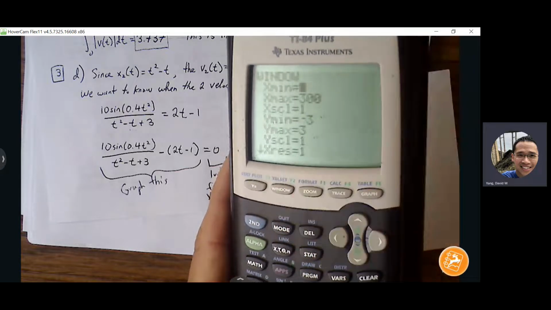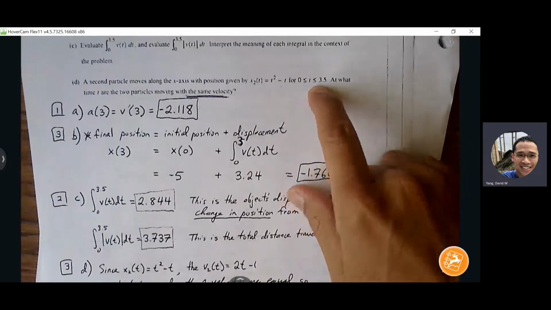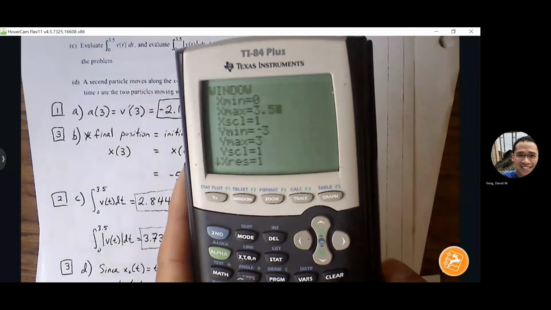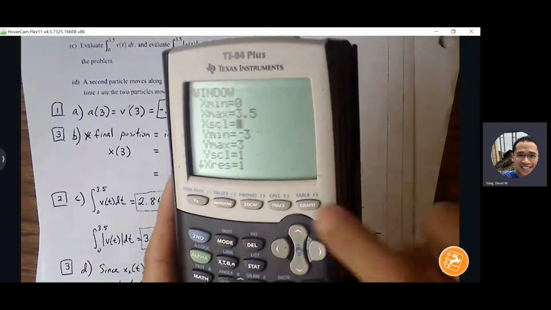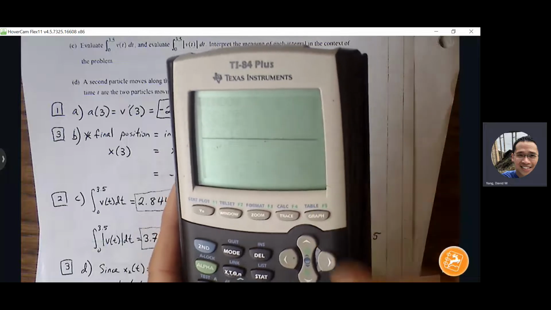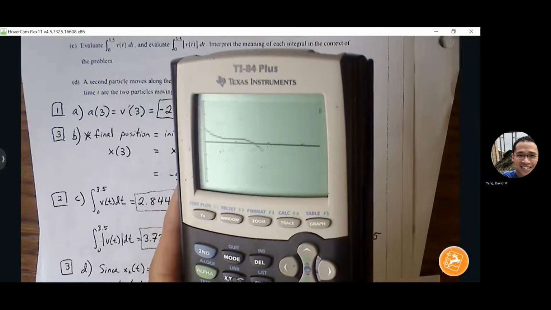Go to your window to adjust your window. You know that you're looking for a value between 0 and 3.5. So you can just adjust your x value to be between 0 and 3.5. Let's see if these values are enough. If it's too zoomed in, we can always adjust those numbers. Okay, so this is fine.